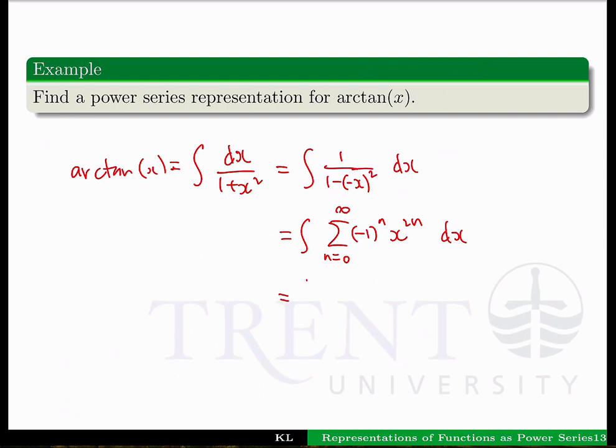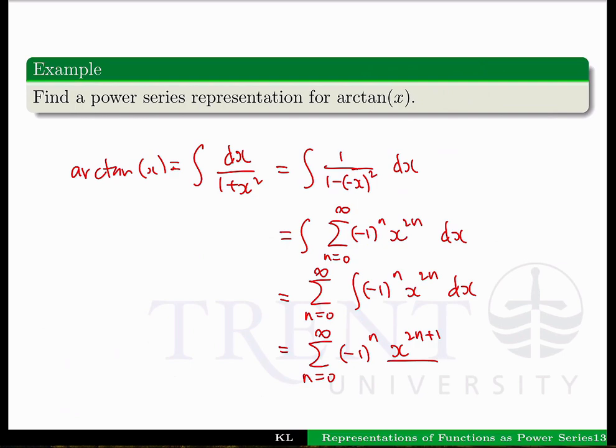So this will be the summation of the integral. Summation runs from 0 to plus infinity of negative 1 to the n x to the 2n dx. So if we integrate, we will have the sum from 0 to plus infinity, negative 1 to the n x to the 2n plus 1 divided by 2n plus 1 plus the arbitrary constant c.